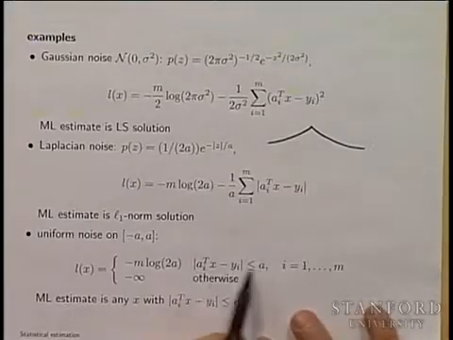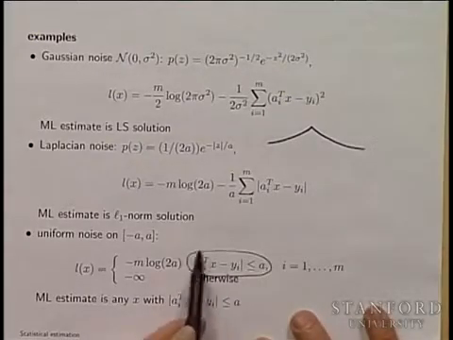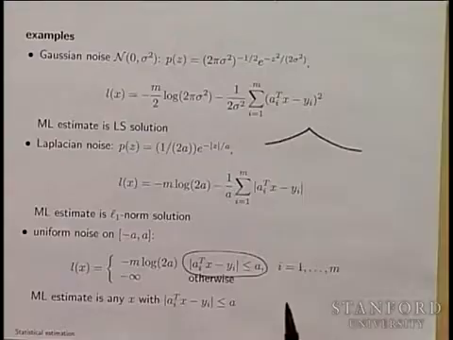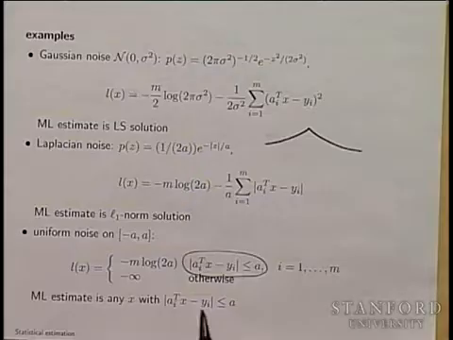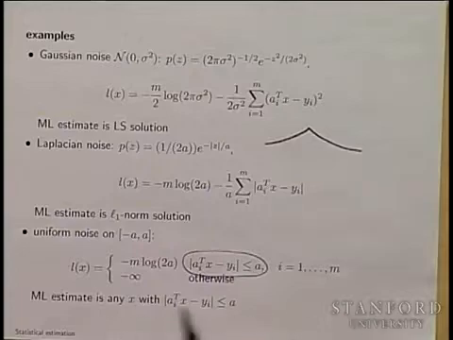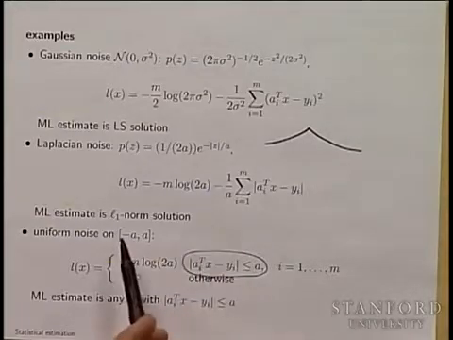So any point inside this polyhedron is a maximum likelihood estimate. Okay? So that's what happens here. And of course, it's not unique, and so on and so forth. And if you were to add to the uniform noise even the slightest tilt towards the center, you might get something else.